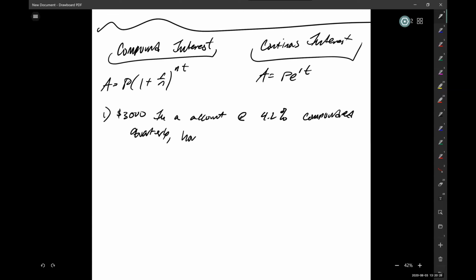How much will be in the account after 5 years?